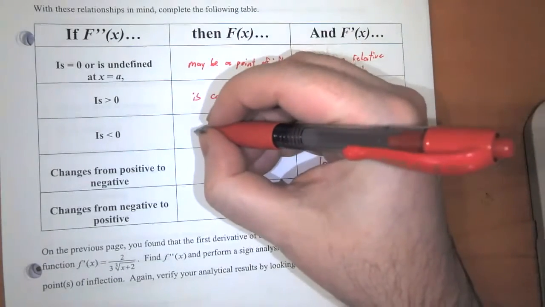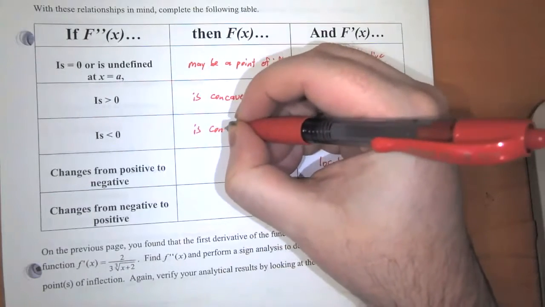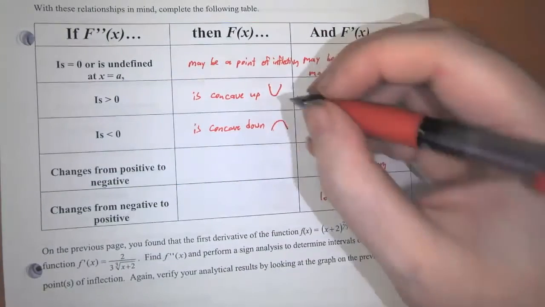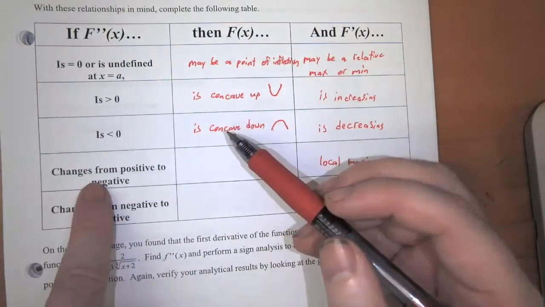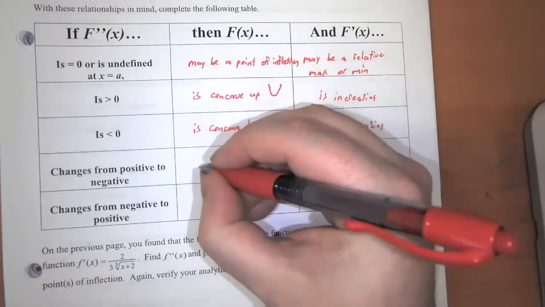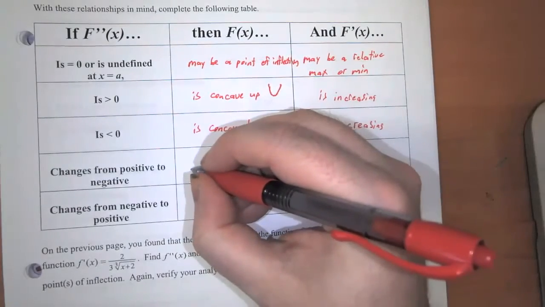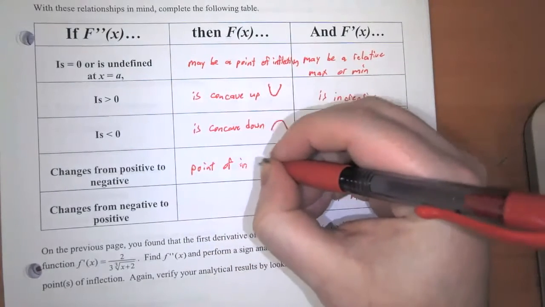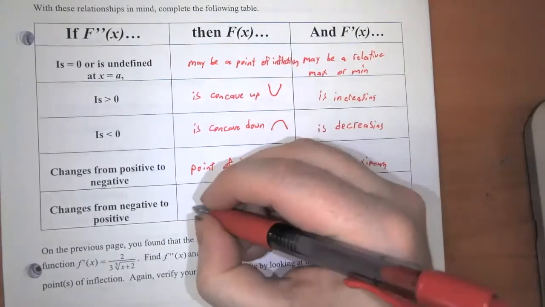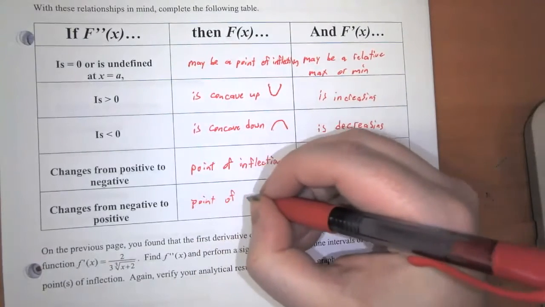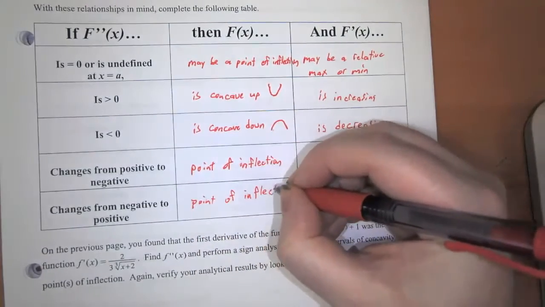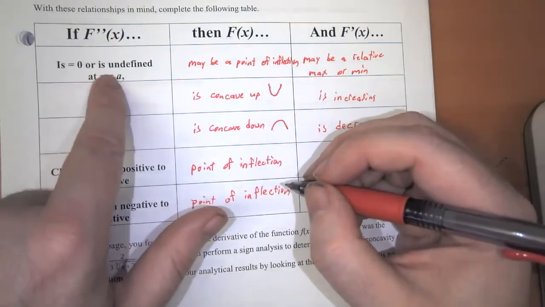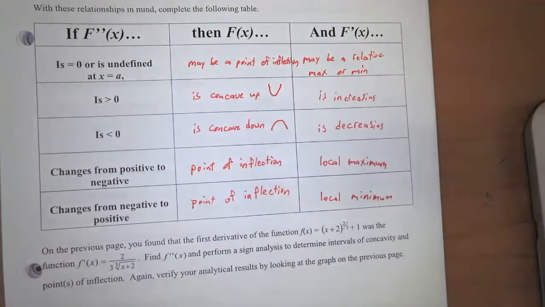If the second derivative is less than 0, then the function is concave down, which means it looks something like that maybe. And if the second derivative changes from positive to negative or from negative to positive, then the function does have a point of inflection for sure. The only time we're not sure is if the second derivative goes from negative to 0 and then back to negative, then it wouldn't be a point of inflection.